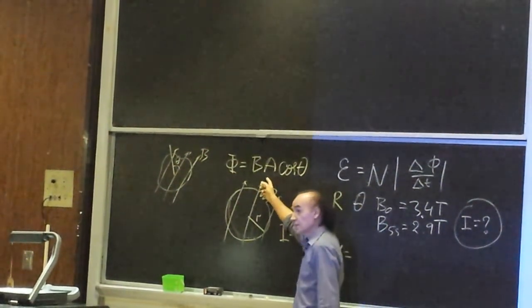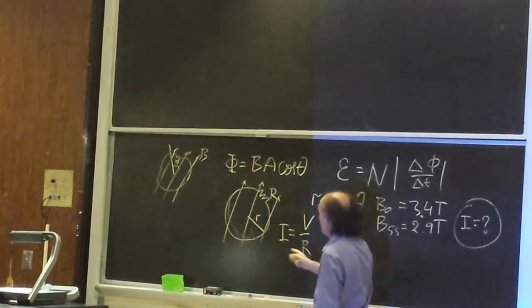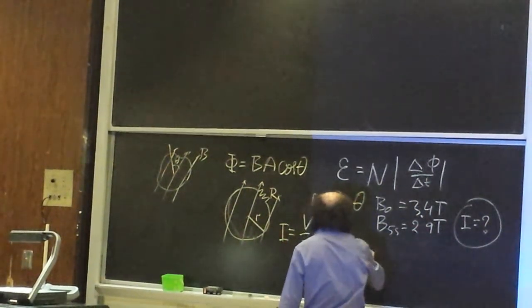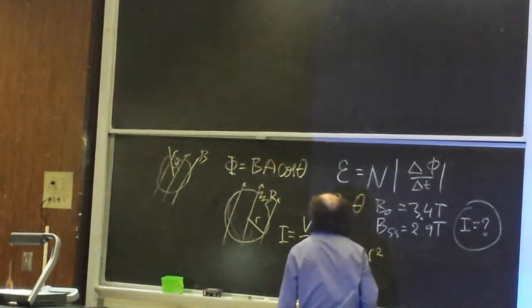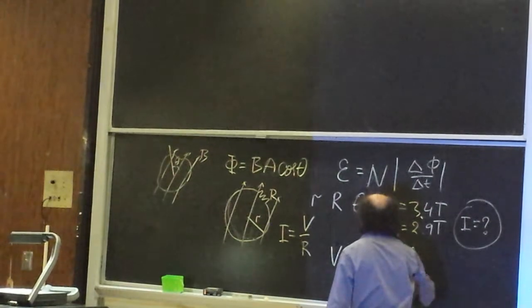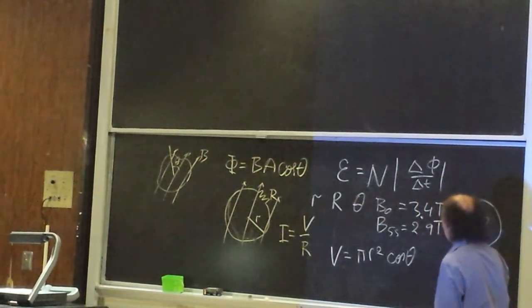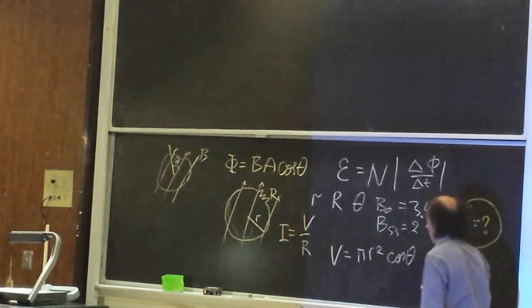Does the area change? No, the area does not change, so it stays constant. What is the area of this circle? Pi r squared. And I write this cosine theta. It is not changing. What is changing here? The magnetic field is changing.